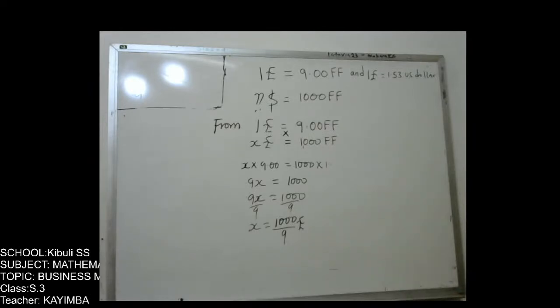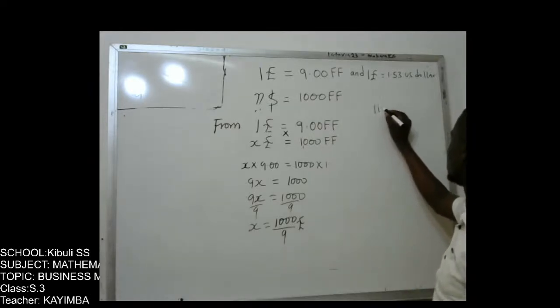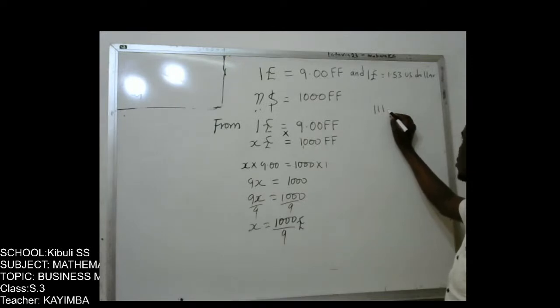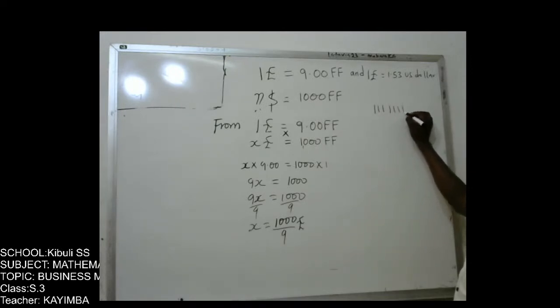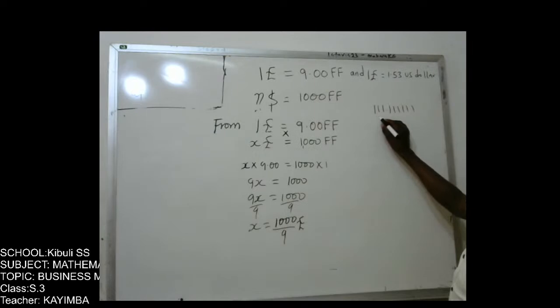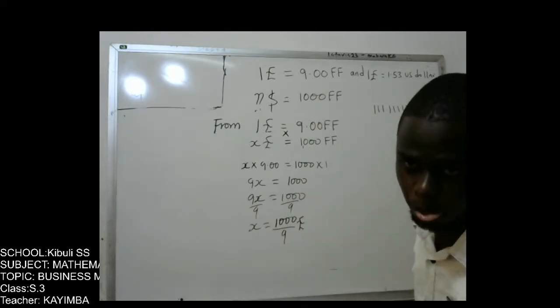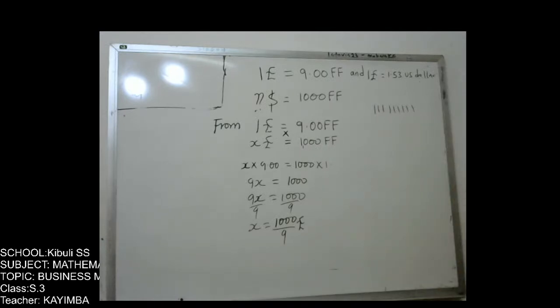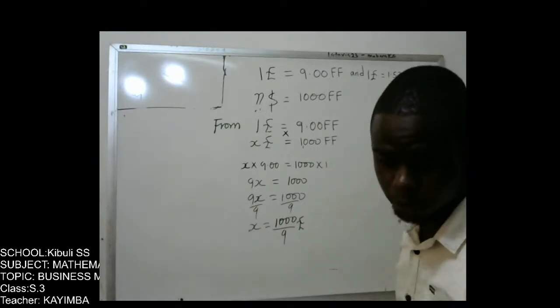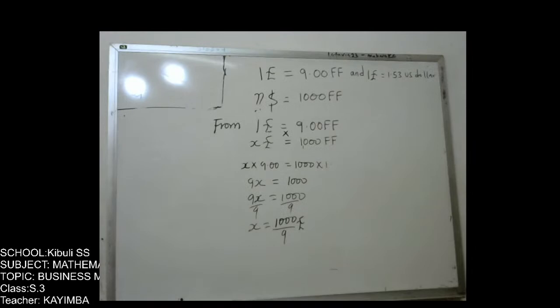But another person can even write it as 111.111, like that. You can write it and round off to maybe 4 decimal places. So a minimum of 4. You can write it to 4, 5, 6, but not less than 4, okay? To avoid premature approximation. Don't approximate your number prematurely.